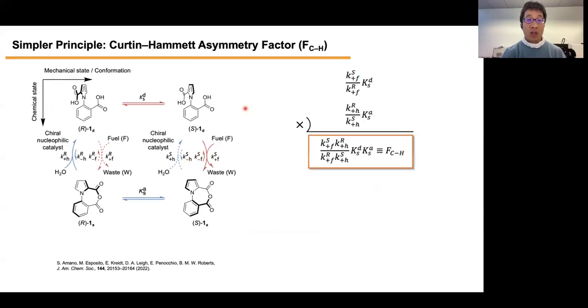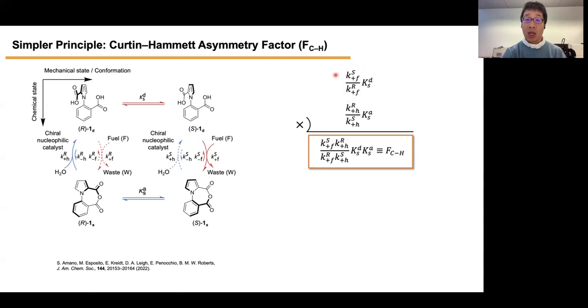What we found out was there is actually a simpler principle, and we named it the Curtin-Hammett asymmetry factor, FCH. What we found out was that the net directionality of the half reaction cycle, so the part that is shown in red and the part that is shown in blue, the net directionality obtained from each of these half reaction cycles can be expressed by these quantities.